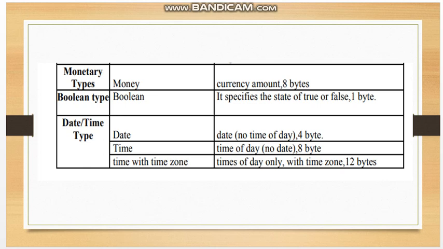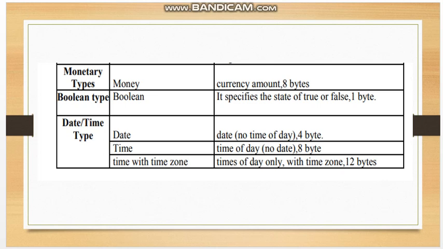And then we have the next type, which is the date and time data type. For example, if you have an attribute like birth date, you can specify the data type as date. If you have employee data and you are keeping login time, we can use the data type time.